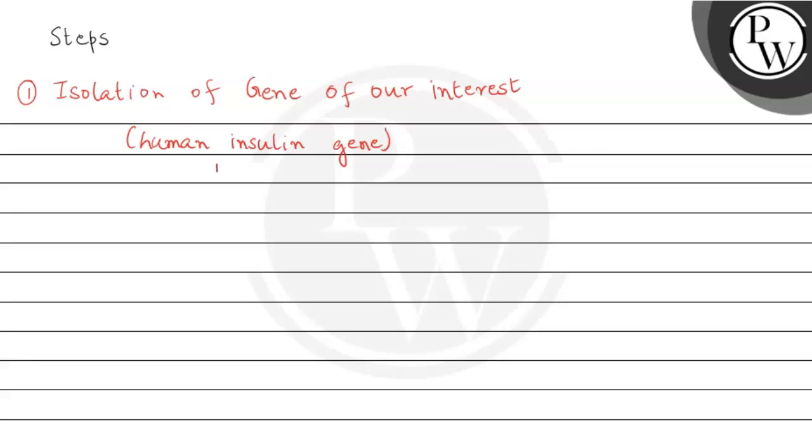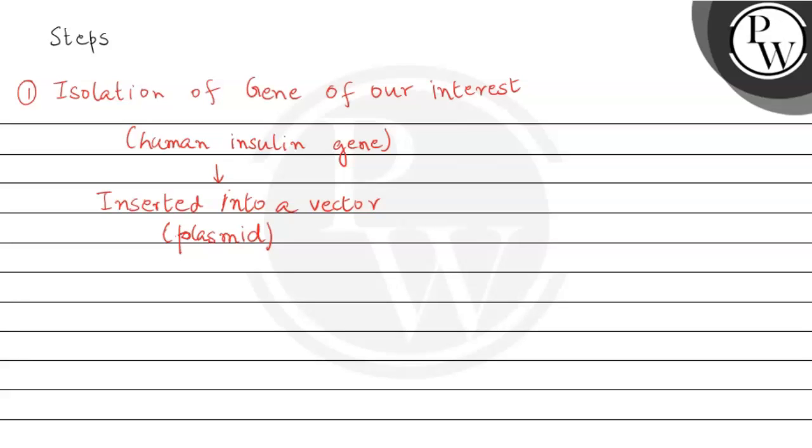Now this gene needs to be inserted into a vector. In this case, the vector will be a bacterial plasmid. So we can first isolate the plasmid of the bacteria into which we want to introduce the gene of interest, and then insert the human insulin gene into its plasmid.